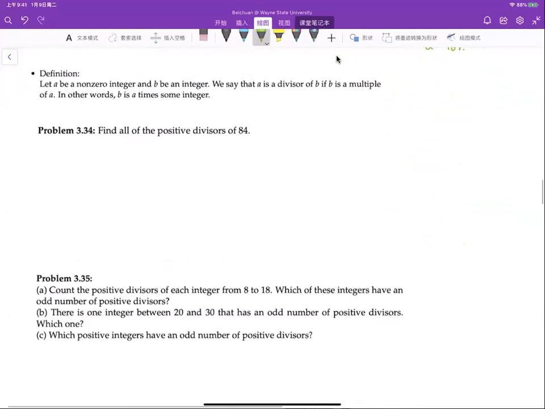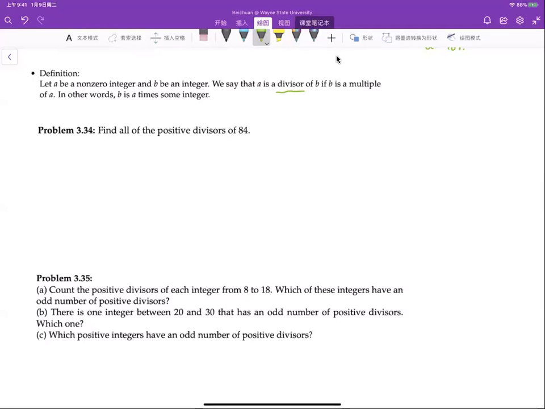All right, so let's start the next section. In the next section, even though it introduces another concept which is called divisor, it's nothing different from what we learned, right?